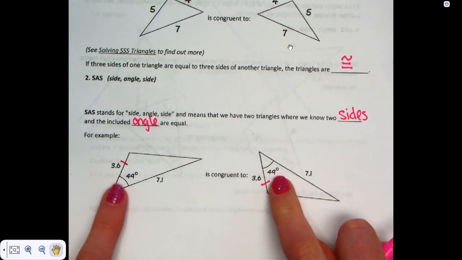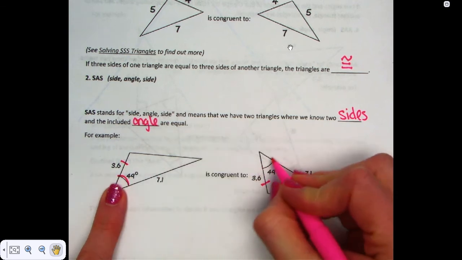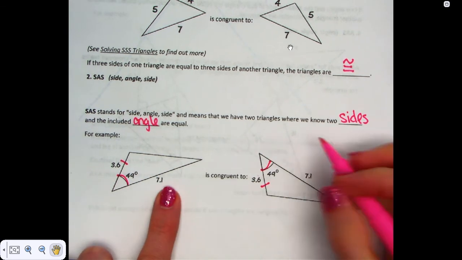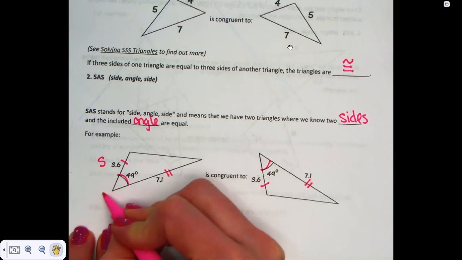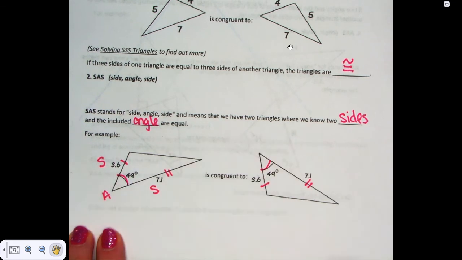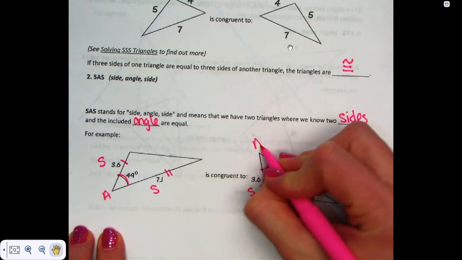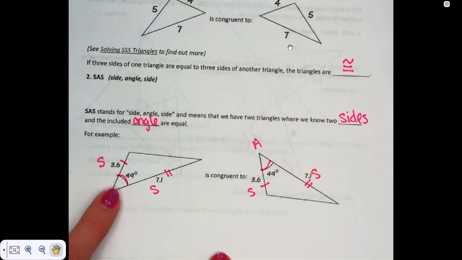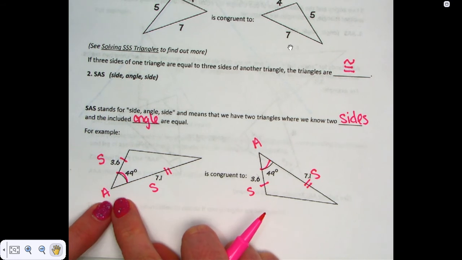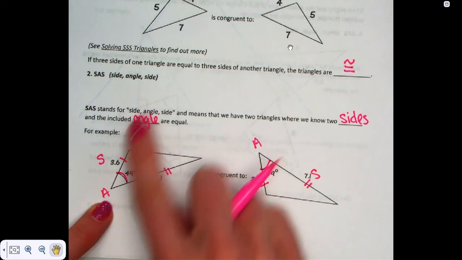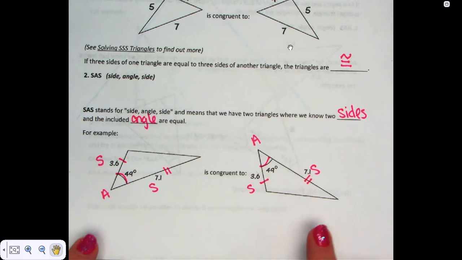They both have this angle measurement of 49, and then 7.1. I'm going to mark that with 2 tick marks here. So we have a side, angle, side, side, angle, side. Notice how that angle is in between your 2 sides here. So if they have that criteria, we can prove that these triangles are congruent.